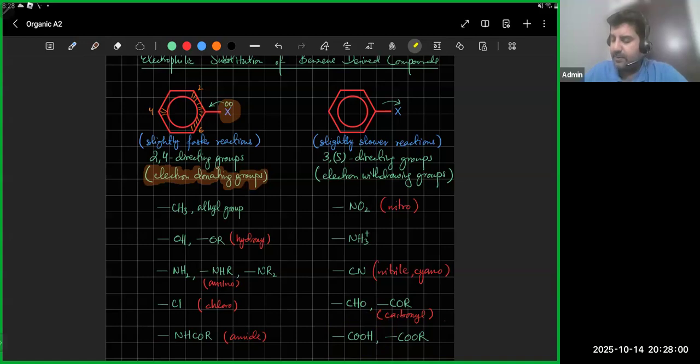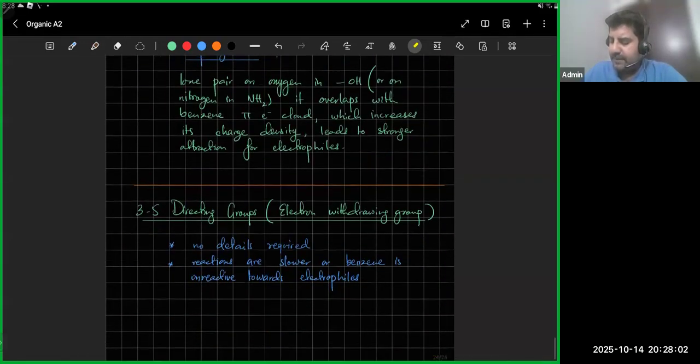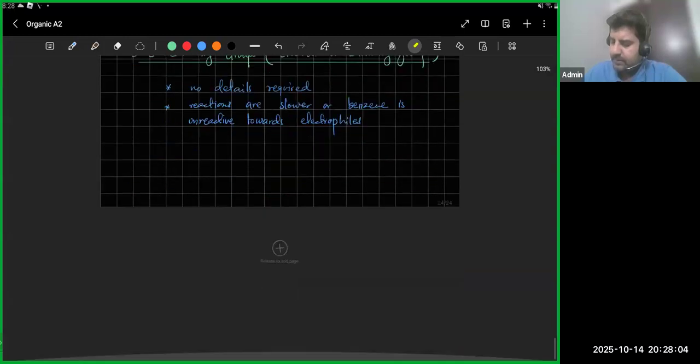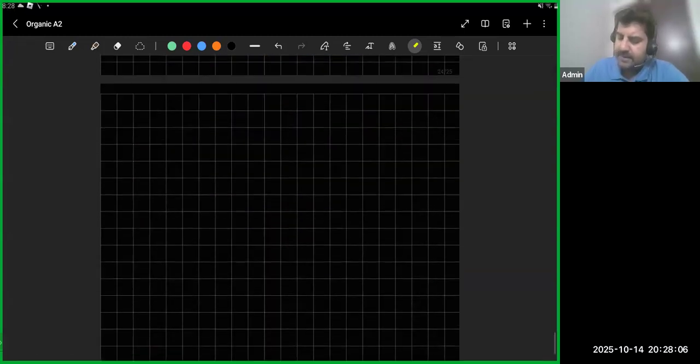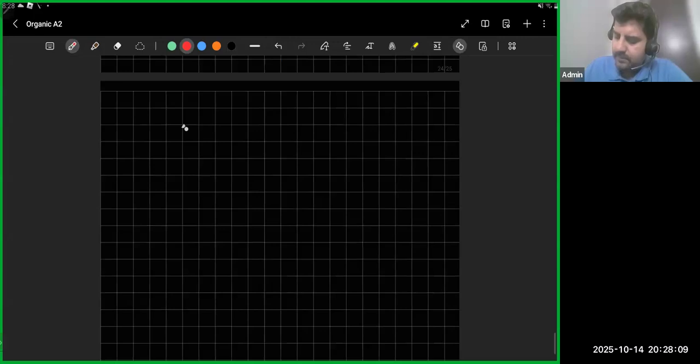NO2 is an electron withdrawing group, as are NH3+, CN, aldehydes, ketones or carbonyl groups, and carboxylic acids. They're all electron withdrawing groups. So if that is attached to benzene, the effect will be reversed. For example, I have an aldehyde attached. That's an electron withdrawing group.